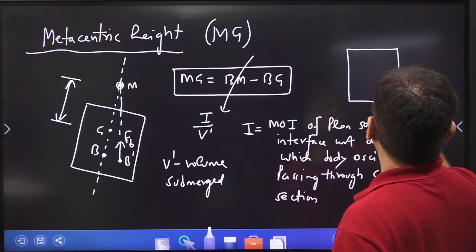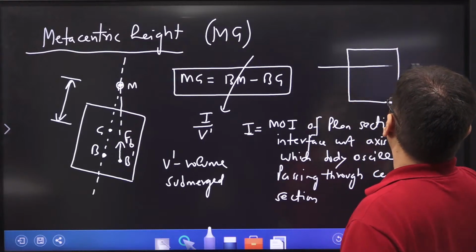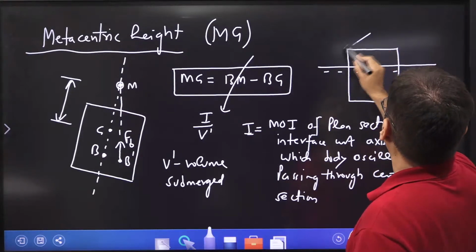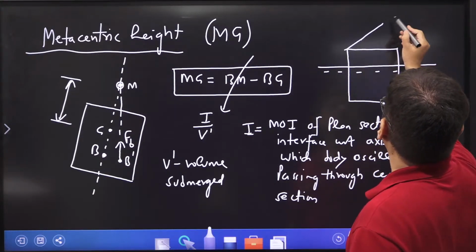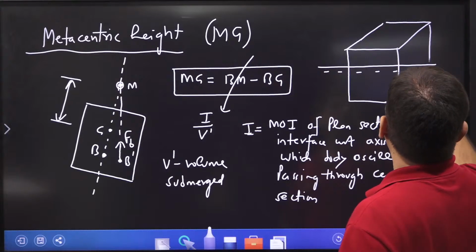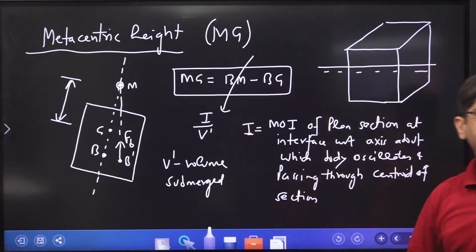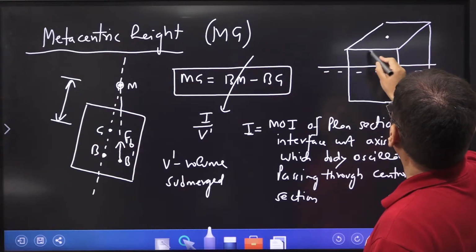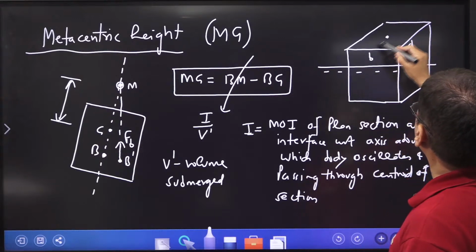Let us say this is the shape and this is the body which is now submerged. This is the free surface of the liquid, and that is the shape of the body which is submerged. You will get a numerical similar to this only. Okay, now let's say this side is B, this side is D.